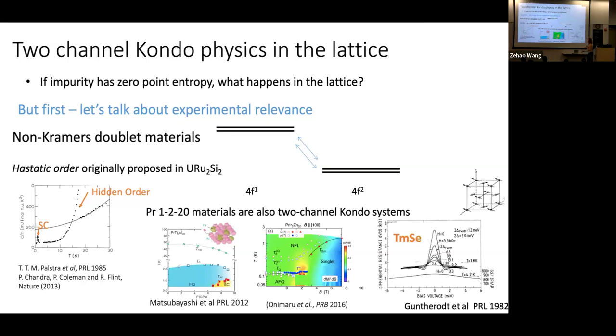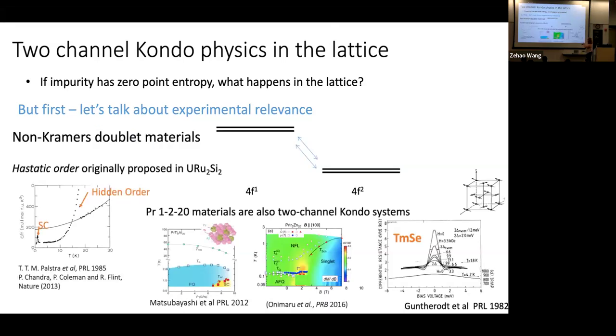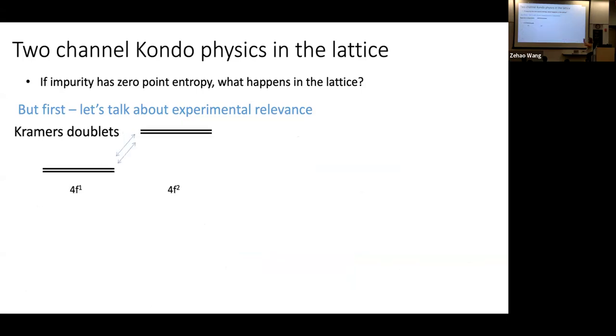And there's also thulium selenide, which is a mixed valent 4f12 to 4f13 system that has a Kondo hybridization gap opening at the Fermi level that could also be associated with this physics. Just to give you a sense that this could be possible, it's also been discussed if instead of this, we just flip it, that also gives you two-channel Kondo physics.